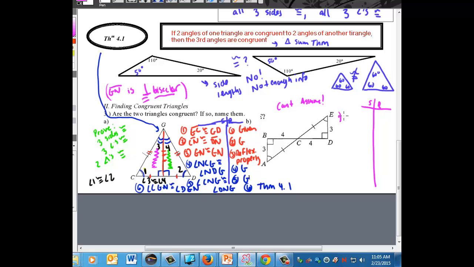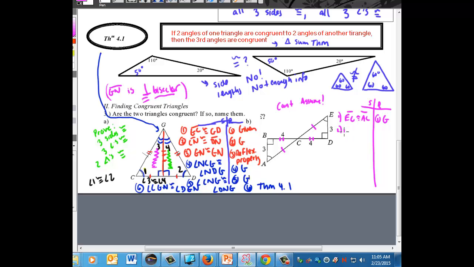Let's start with sides first. I'm going to start with EC is congruent equal to AC. And why is that true? Well, it's given to us. We're shown them. We have a mark and a mark, so it's given. Now I'm going to put 2 marks at 4 and 2 marks at 4. We're given that these 2 sides are the same.